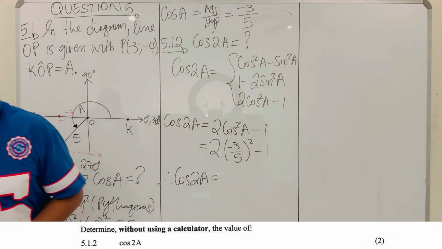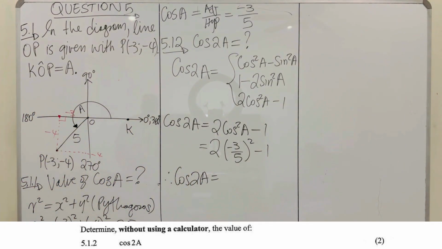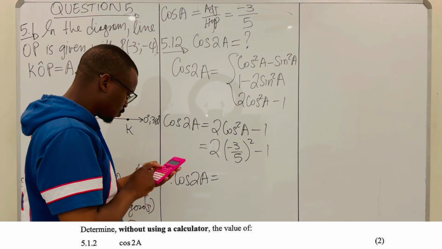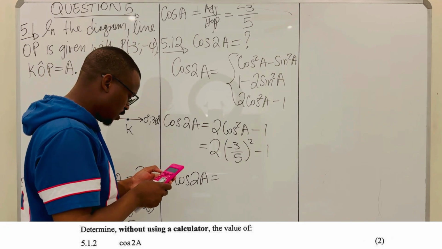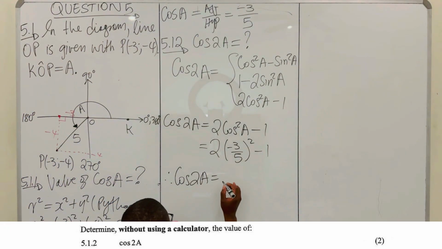So let's punch that on our calculator and see what the answer is. If you punch this in, minus 3 over 5 all squared, minus 1, you get that cos 2A is equal to minus 7 over 25. This is your cos 2A.